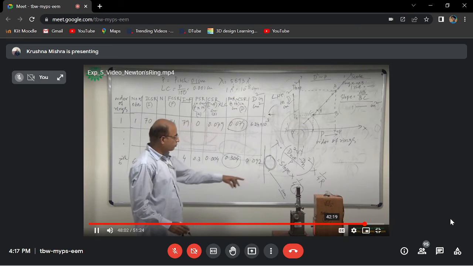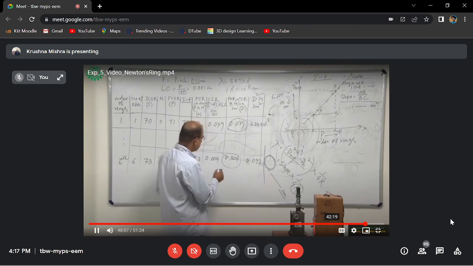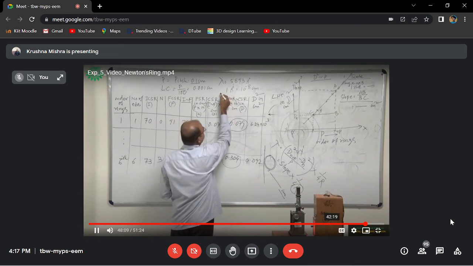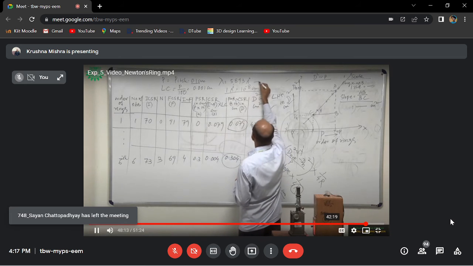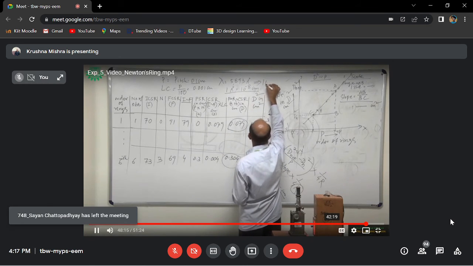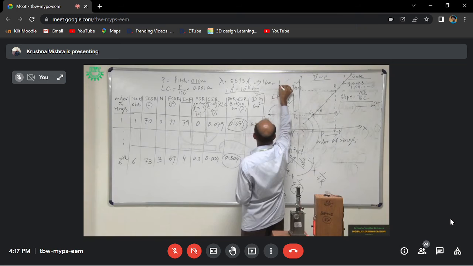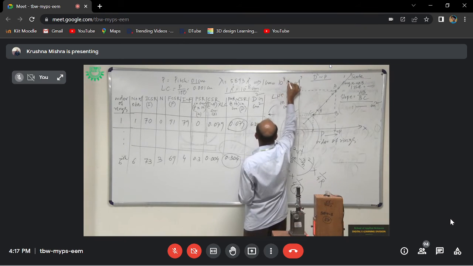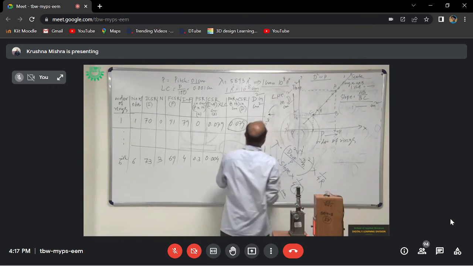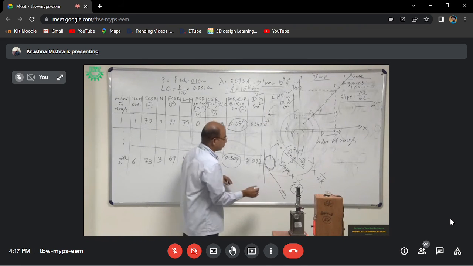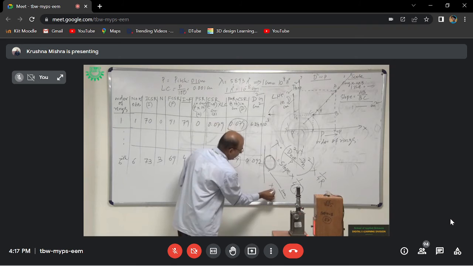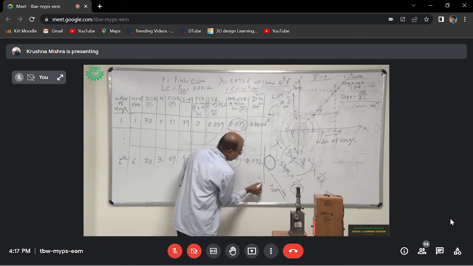That implies that 1 cm is equal to 10 to the power 8 angstrom. So simply multiply this value with 10 to the power 8.